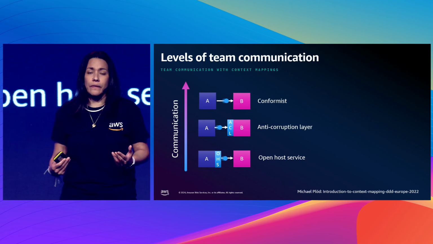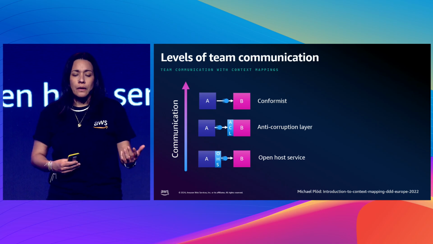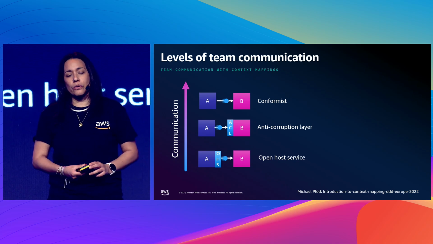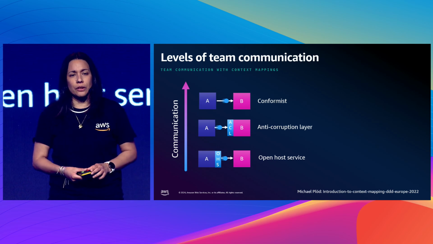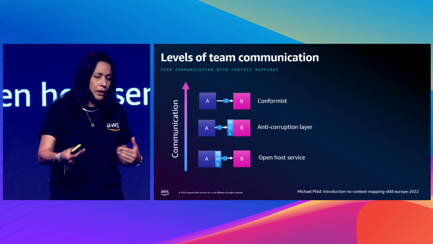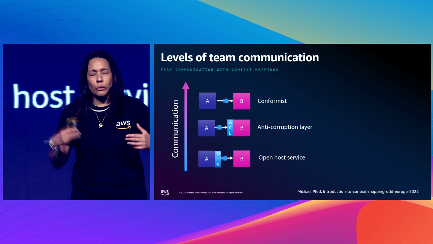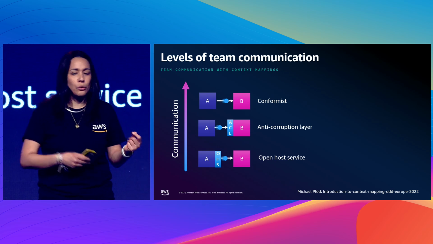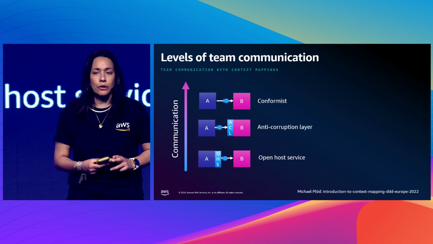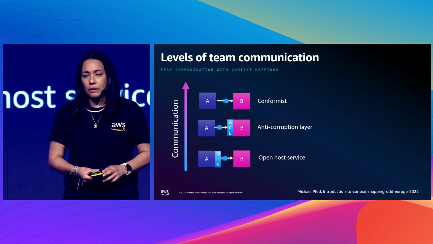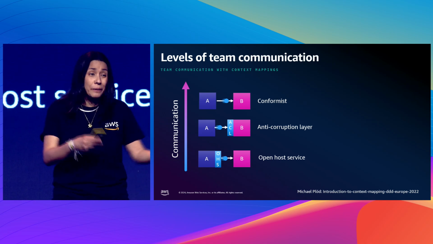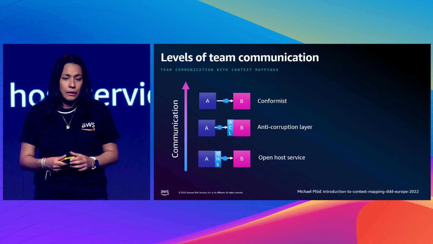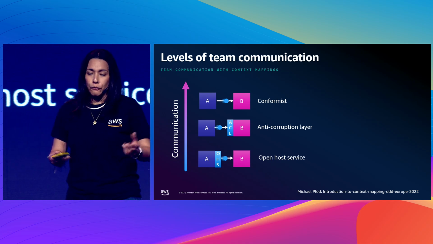And down the line, we will see that because we did that work up front, changes in schemas and changes in integration across domains don't really require any communication across teams. Whereas with the conformist pattern, you'll constantly have to be thinking, if I do this schema change now, or if I introduce this property or remove another one, am I going to be breaking consumers in production? So you will need to keep talking to other teams often with the conformist pattern.